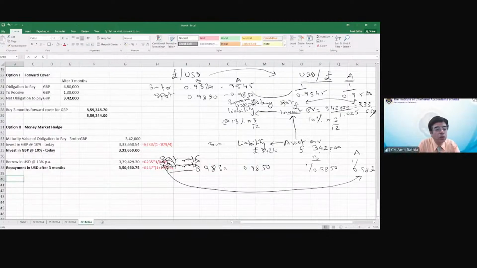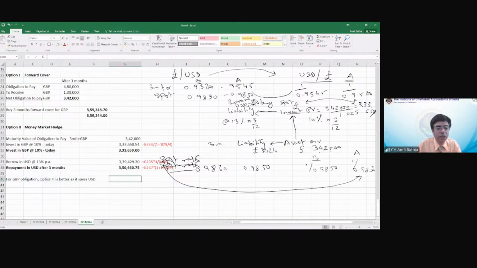So for the GBP obligation, which option is better? Option 2 is better, as it saves USD.